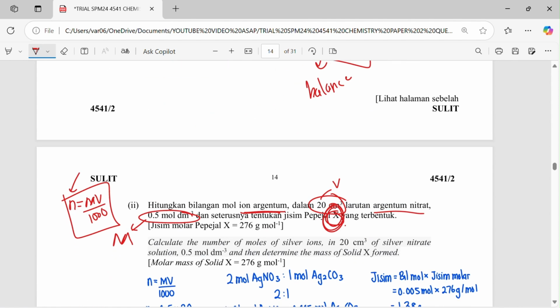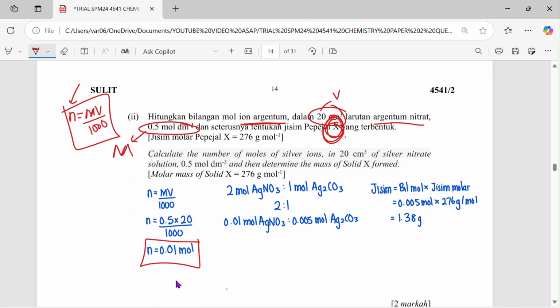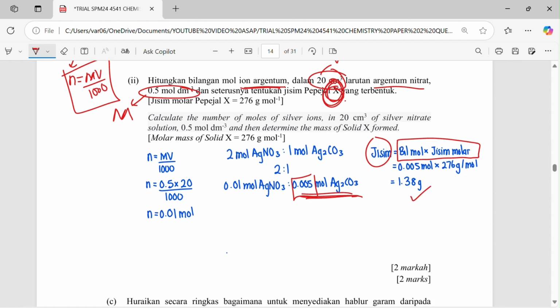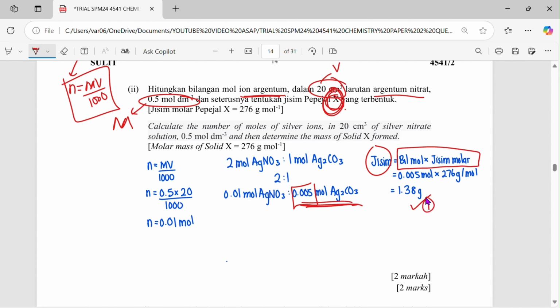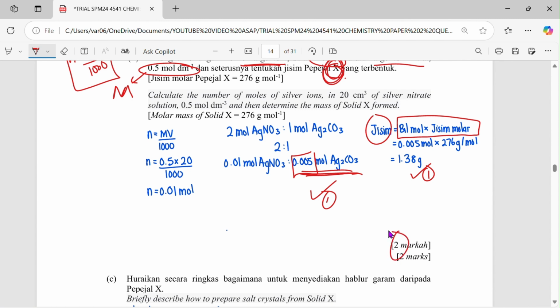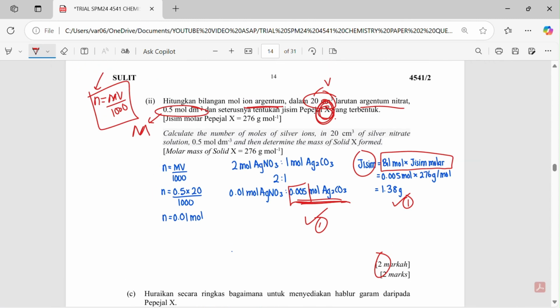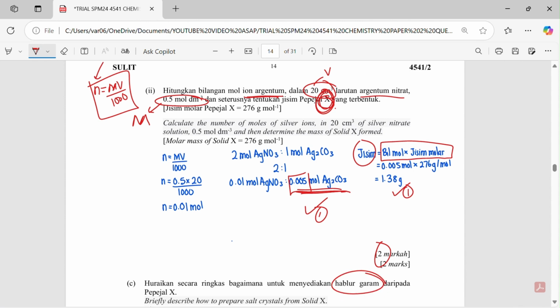So you use nisbah, use ratio and get your bilangan mole for argentum carbonate, which is 0.005. Then to get your jisim, obviously jisim is equals to bilangan mole times jisim molar. Do that and you'll get your jisim. 2 marks. Here 1 and here 1 for your ratio 1. So 2 marks lah.